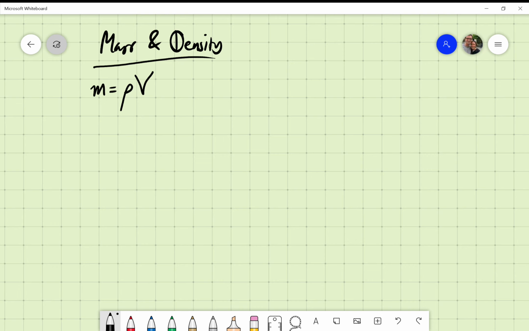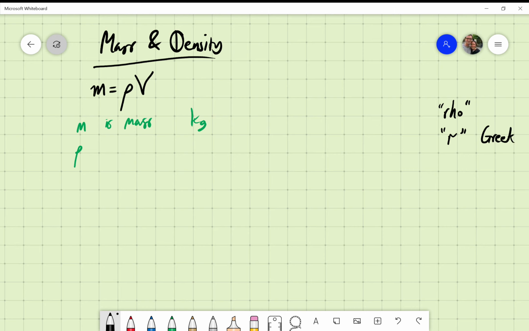Let's dig into that. So M is mass, just like we know, measured in kilograms. Rho, here's another Greek letter for you. Add this to your compendium of Greek knowledge. We say it R-H-O, rho. This is the lowercase version. It's the letter R in Greek.